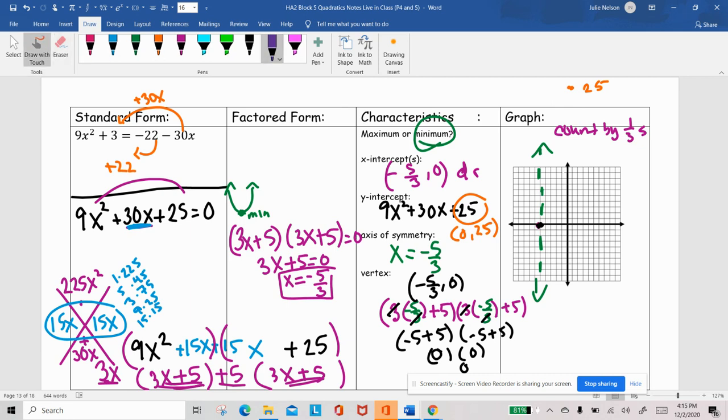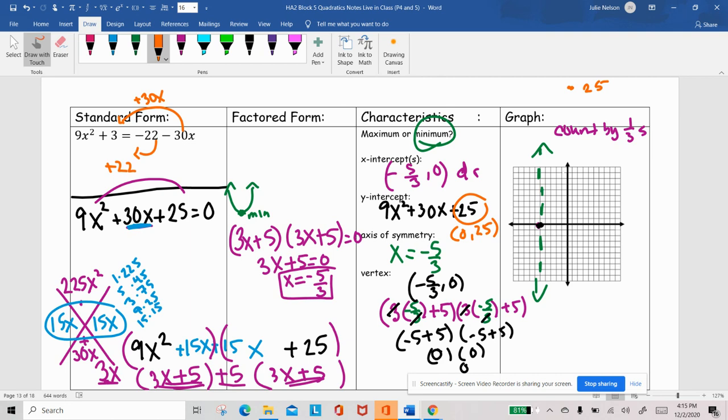And we know that the axis of symmetry is what makes a parabola symmetrical. It's what cuts the parabola in half. So if I have that orange dot to the right going up, I should have another orange dot going to the left going up. Let's see how many spaces that is away. It's 1, 2, 3, 4, 5 spaces going from the axis of symmetry, 5 going to the right and up 25.